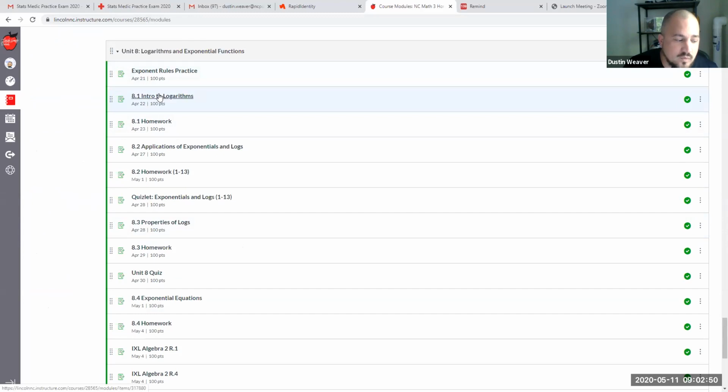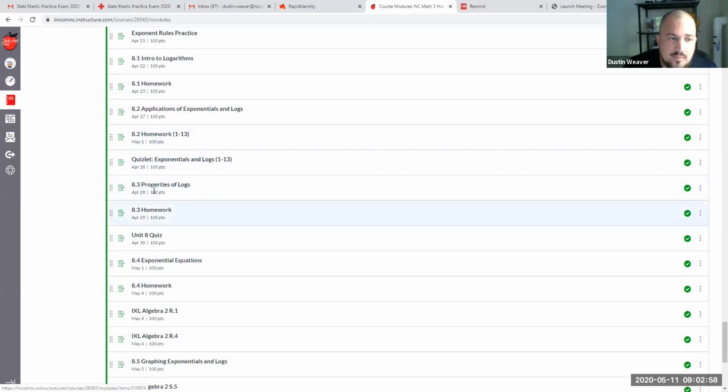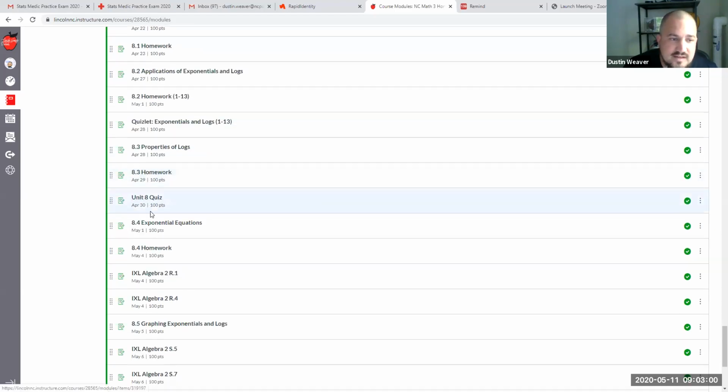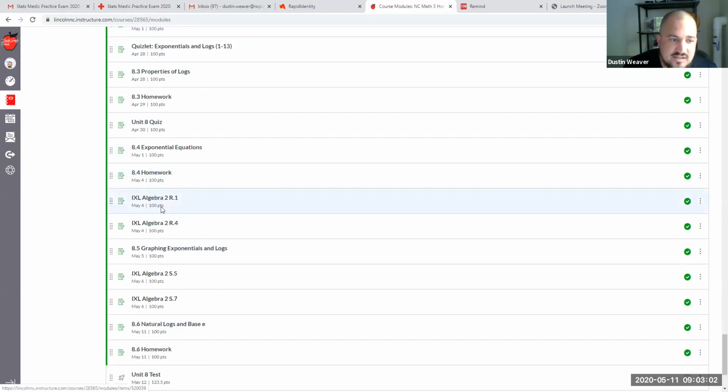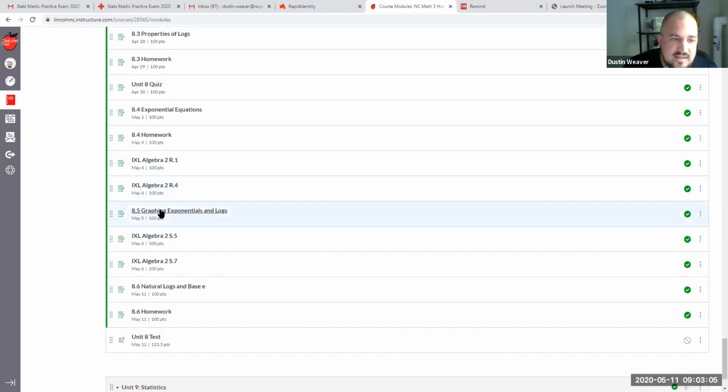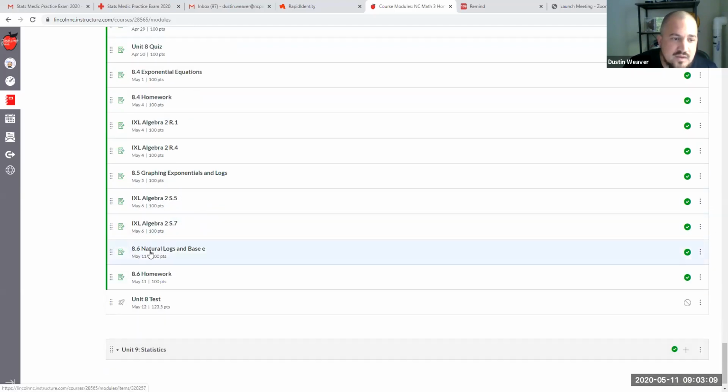We started with exponent rules, then introduction to logarithms, then applications of exponentials and logs, then properties of logs, we took a quiz, we had exponential equations, we did some IXLs, then graphing exponentials and logs, some more IXLs, natural logs, the ln and base e, and that homework page I left you with on Friday. And now we're going to do the Unit 8 test.